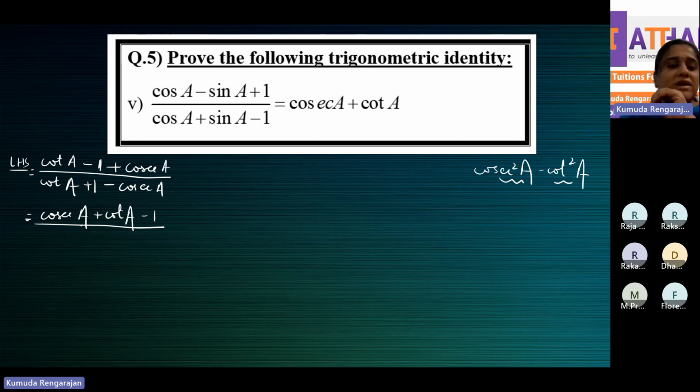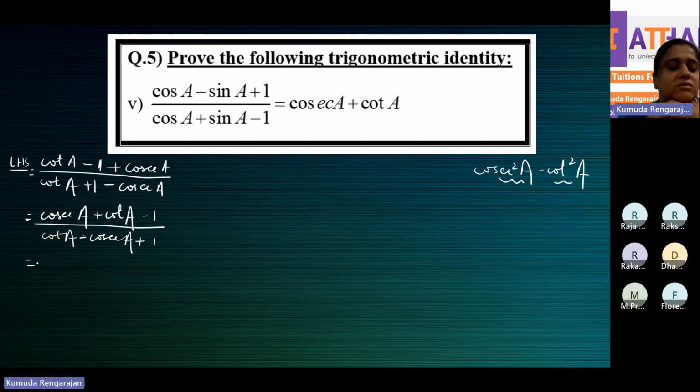In the denominator, it's okay if you don't arrange also. So I'll just write it like cot A minus cosecant A plus 1. So don't ask me why I did not put cosecant first here in the denominator. It's because it's minus cosecant A, and I don't want to show a negative term first.